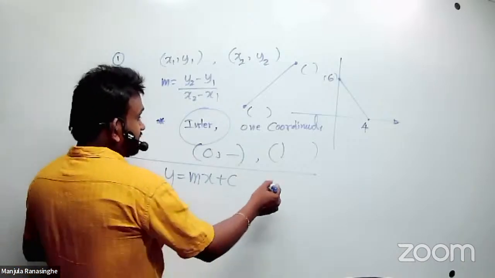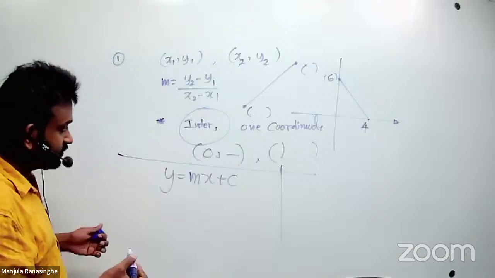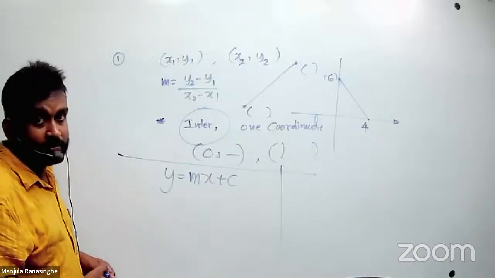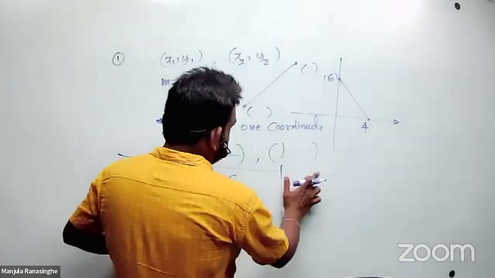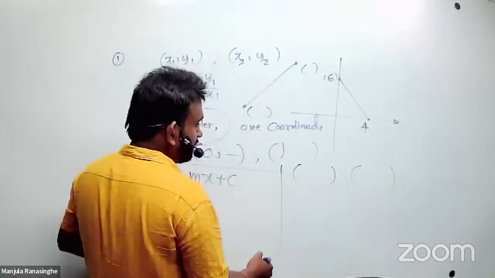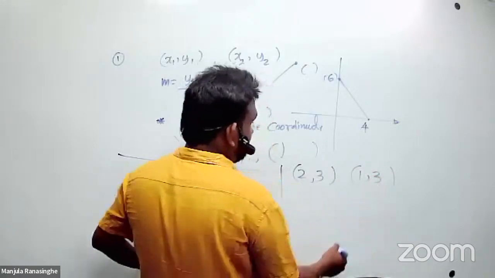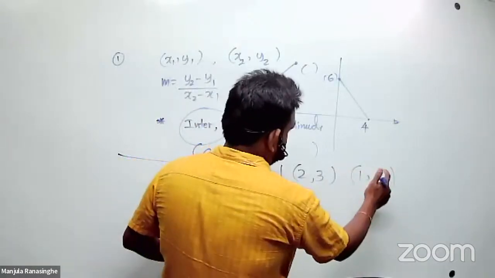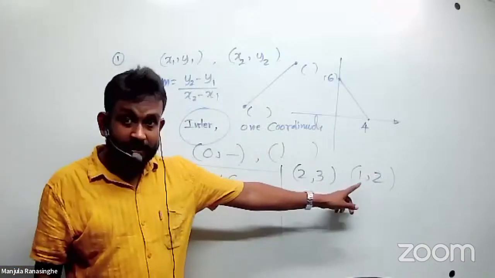Later, I discussed when the graph is drawn, how to find the gradient and intercept, and when two points are given but neither point has the intercept. In that case, we find the gradient.